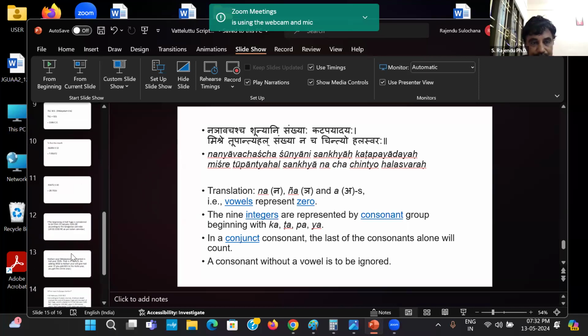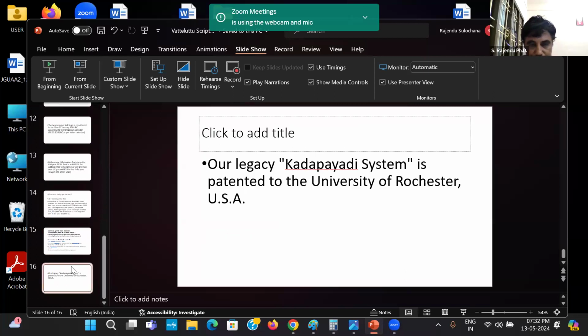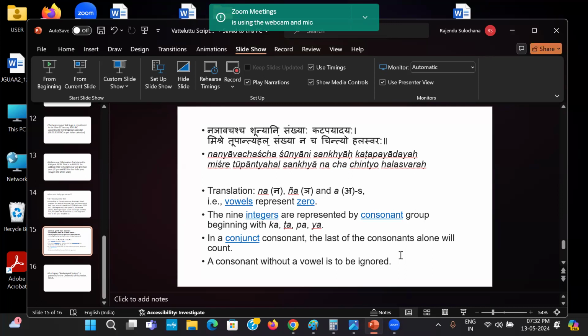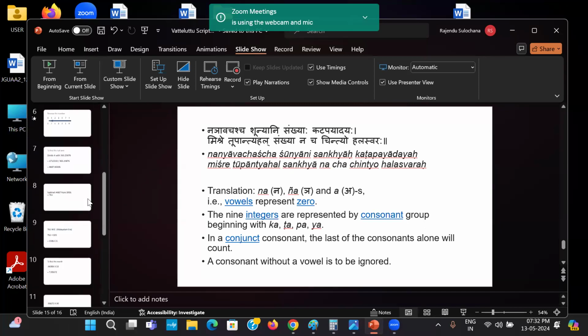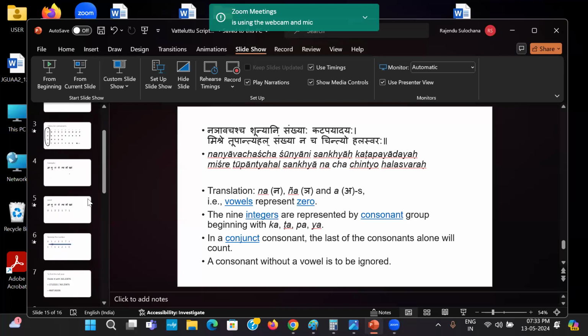Okay. Is there any doubt? Oh, Kadapayadi is patented. Okay. Any more discussion about the preliminary part? How will you find this particular word, for example, in Narayaniyam, as a number or a date?